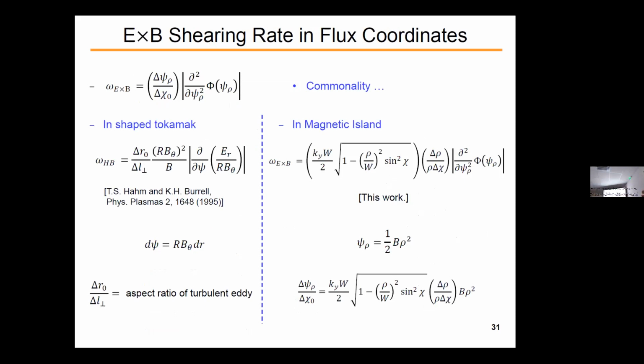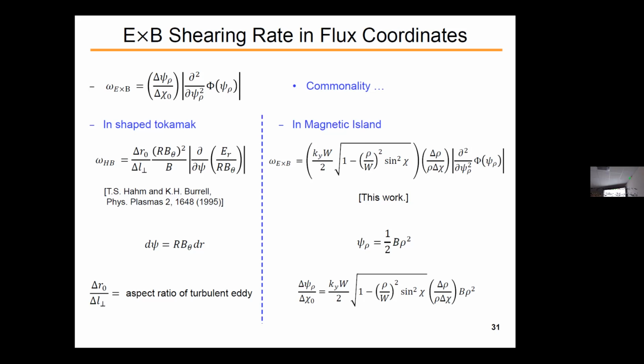So this is the answer for the E cross B shearing rate, and this is the result for shaped tokamaks, something now known as the Hahm formula like this. And basically, we can do the similar calculation in magnetic island. We end up deriving this rather complicated expression for magnetic island.